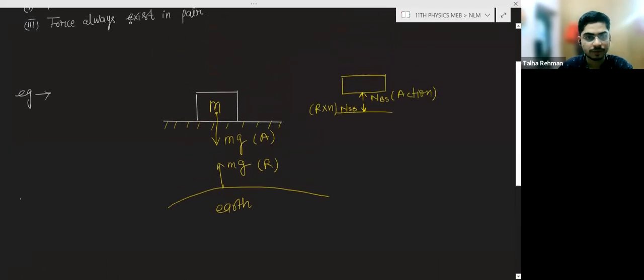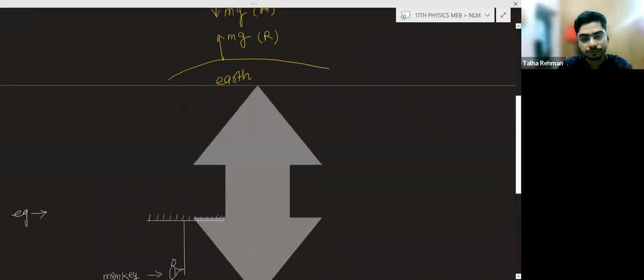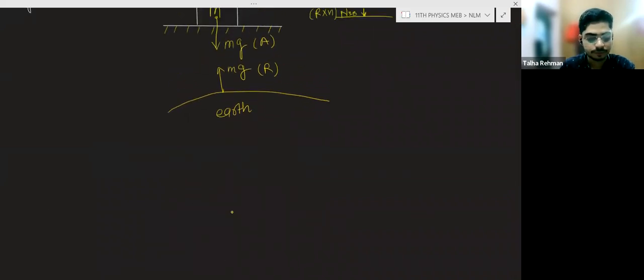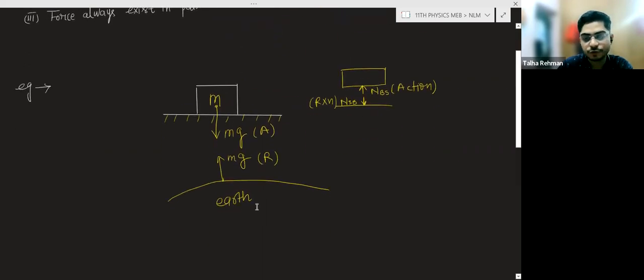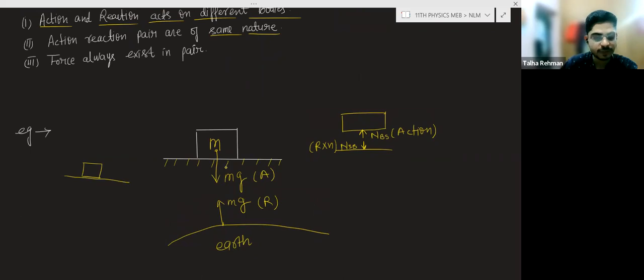Okay, now you can write here. There is a confusion I know in N and mg. If this mass m is placed on some surface, you will say here will be the normal reaction like this.